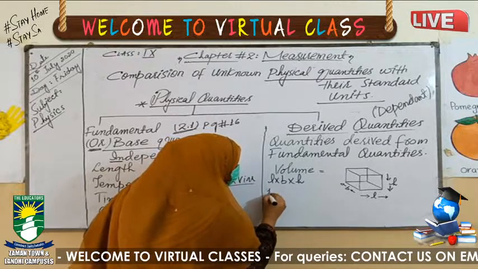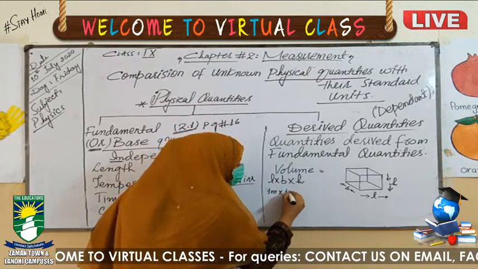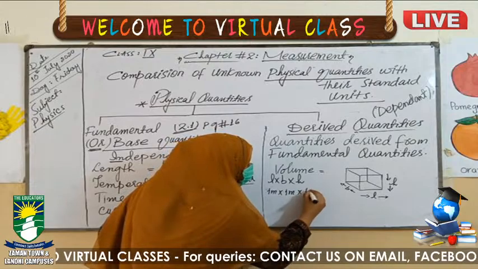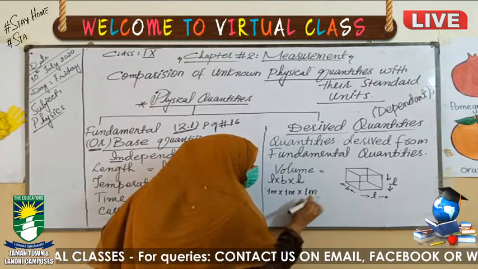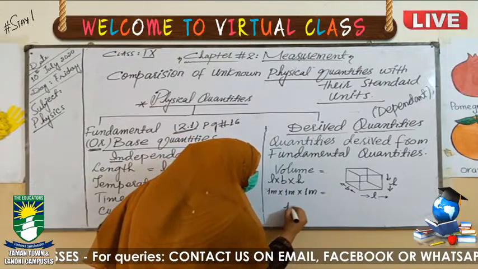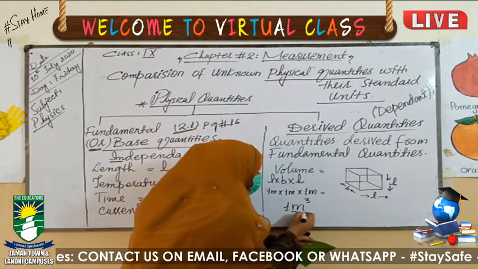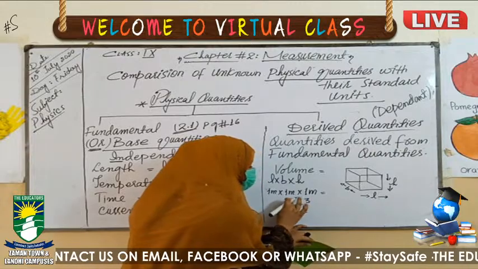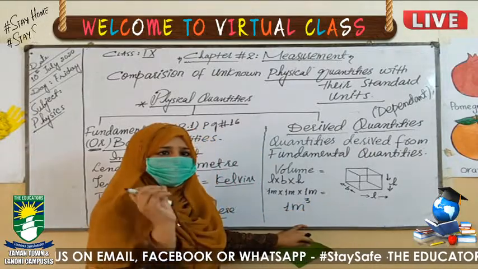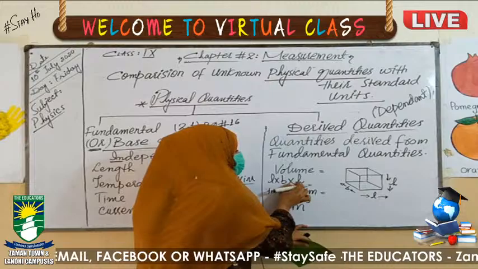Suppose length is 1 meter, breadth is 1 meter and height is also 1 meter. When they all are multiplied, the volume will be 1 meter cubed. This one unit, the meter cube, is the product of length, breadth and height.